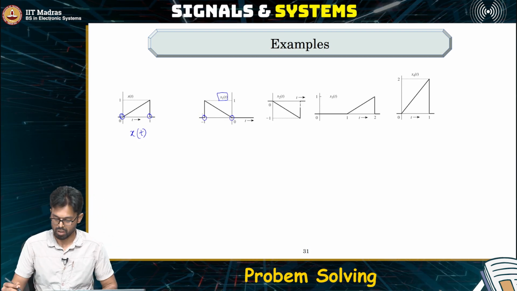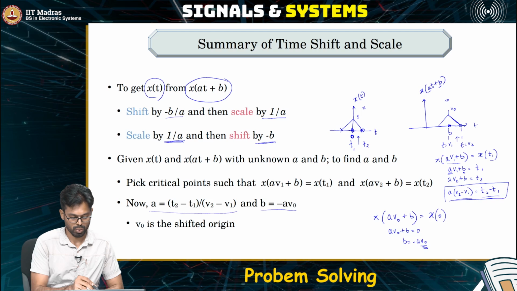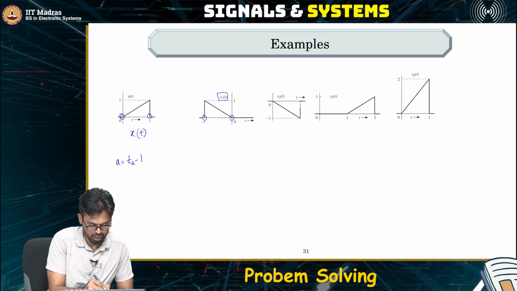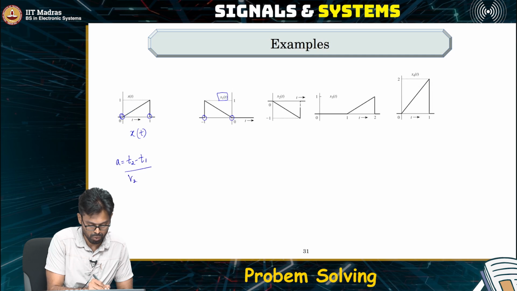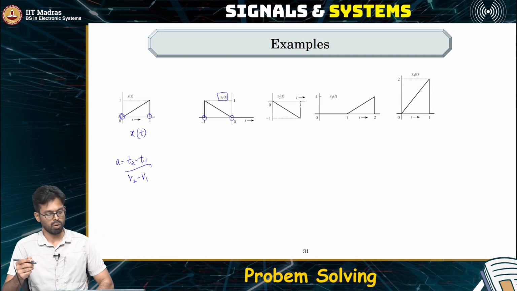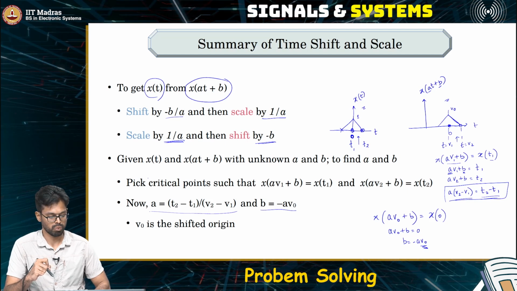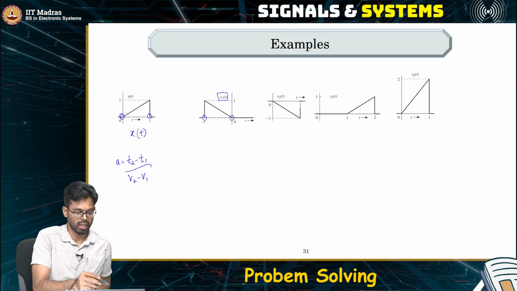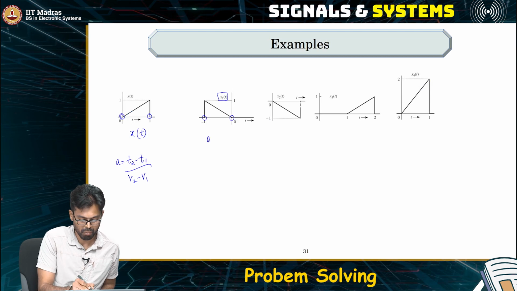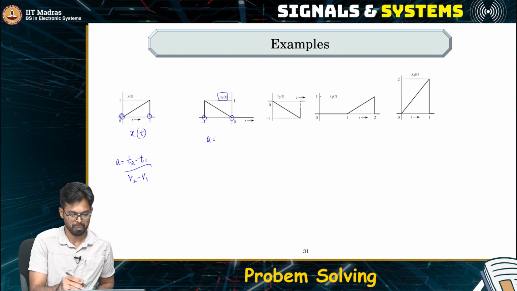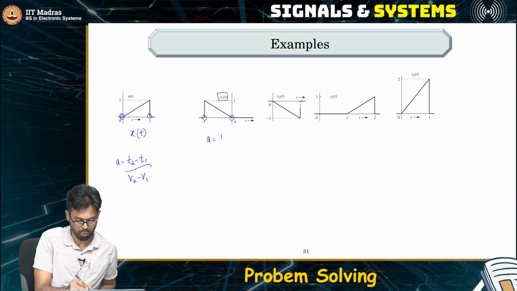Okay, so going back, just look at this formula. We have that A is (T2 minus T1) by (V2 minus V1), right? So all you have to do is just know the values of T1, T2, V2, V1. Let's say here T1 is 0 and T2 is 1. Then in the numerator we'll just have 1 minus 0.